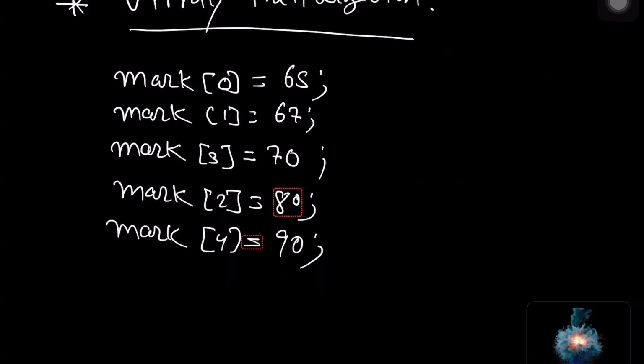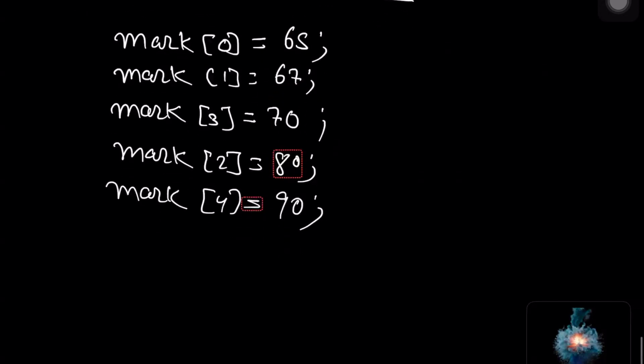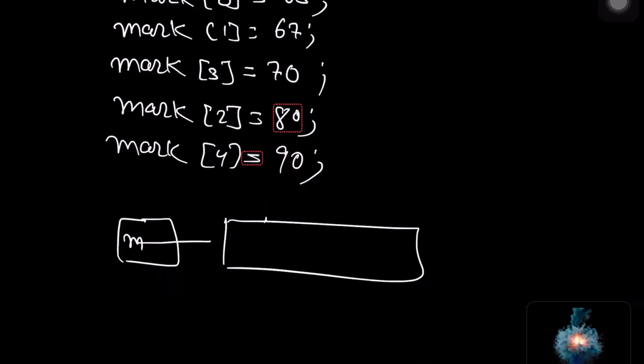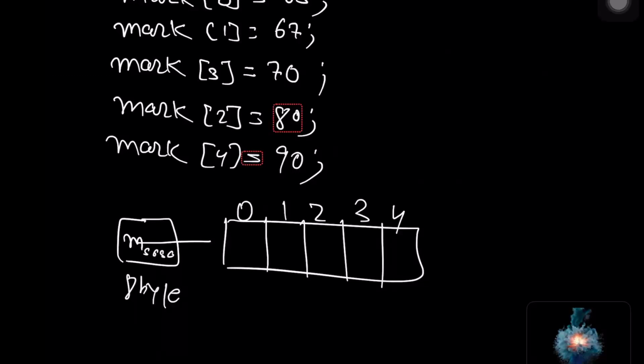Now when I assign 5 values to that, how will the memory representation look? It's similar. Here it will point out to this, indexes 0, 1, 2, 3, 4, and here it will take 8 bytes. It has some memory reference number, and here the name mark.